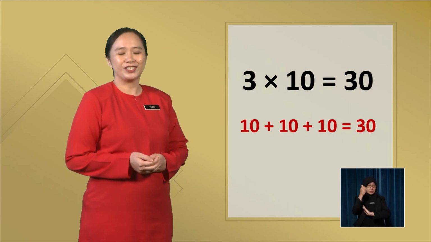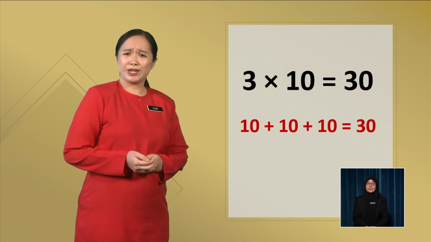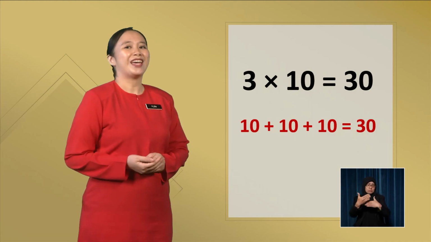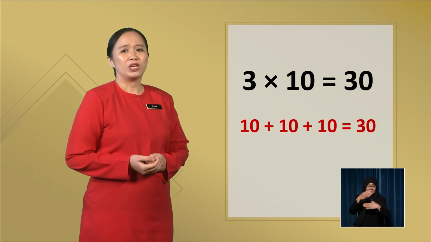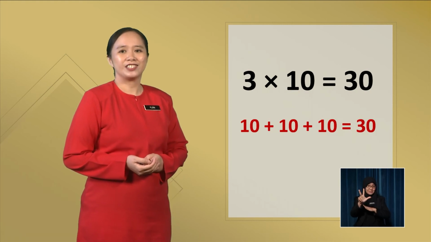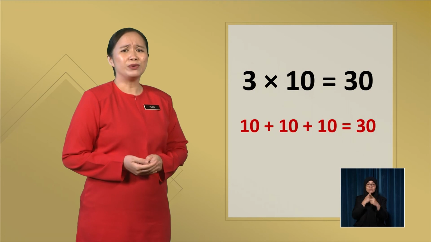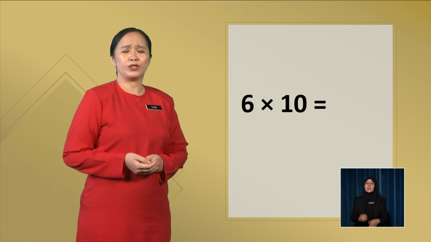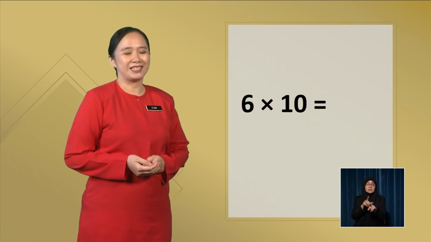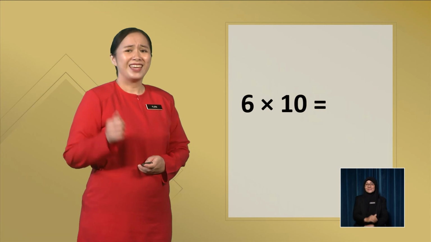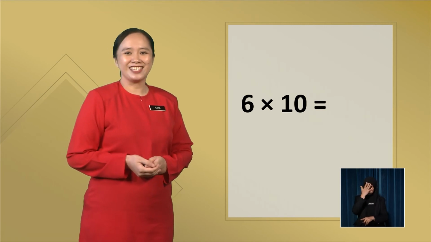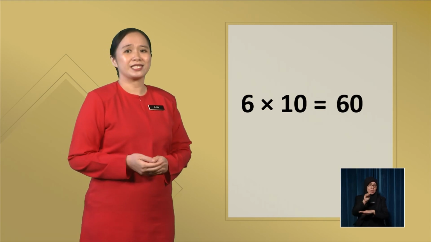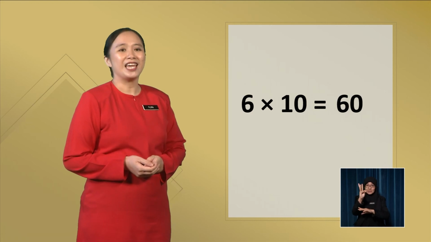When 3 is multiplied by 10, we can simply put a 0 at the end of number 3, which makes the answer 30. Now it's your turn. What is the product of 6 times 10? Excellent! The answer is 60. Just add a 0 to 6 and you will get 60 as the product.